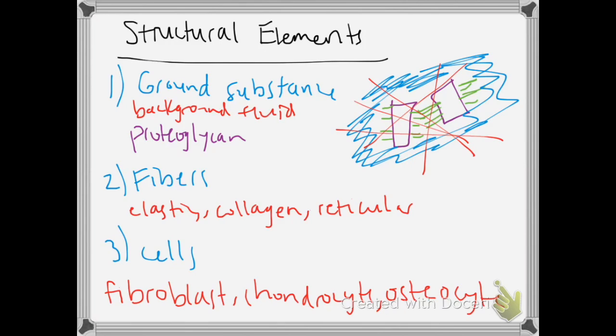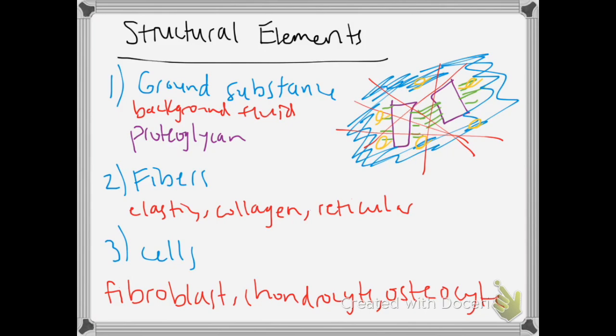This is what we got. Oh, I guess I should draw some cells in there. So here's our connective tissue structural elements. Ground substance, which is this fluid and these proteoglycans. These fibers running throughout the whole thing. Things like elastic and collagen and reticular fibers. And then these cells, these different types of fibroblasts, chondrocytes, osteocytes.